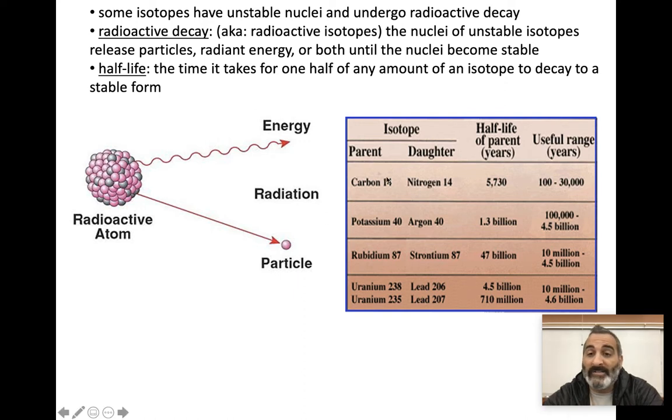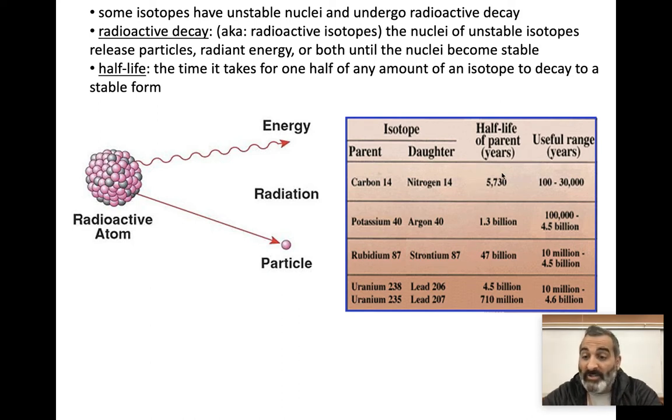Carbon 14 breaks down at a rate of 5,730 years for half of it to be broken down. So if you started out with 100 grams, in 5,730 years, 100 will be divided into 50 grams. Another 5,730 years passed, 50 divided by 2 becomes 25. So this is the amount of time that's passed for half of it to be remaining.